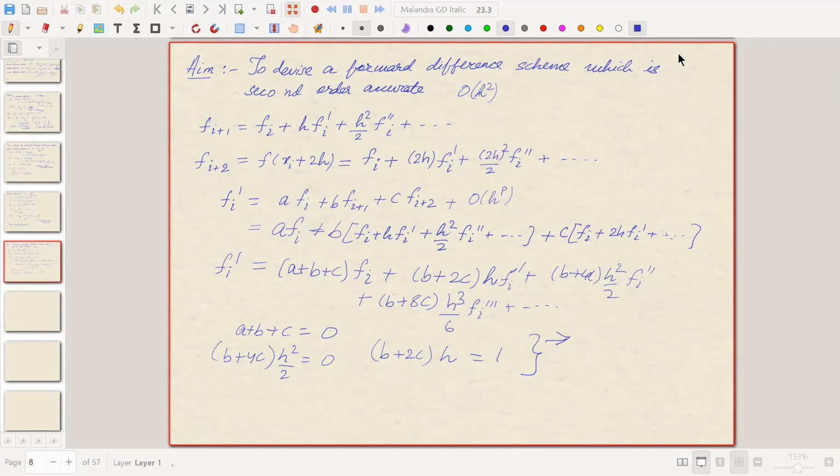So, can you observe something here? As she noted down the values, I can write f prime equals to now minus 3 f i.